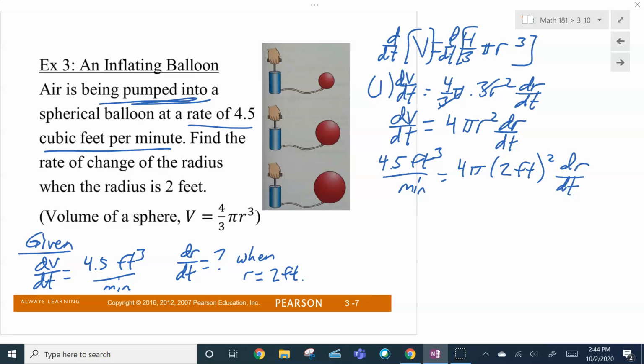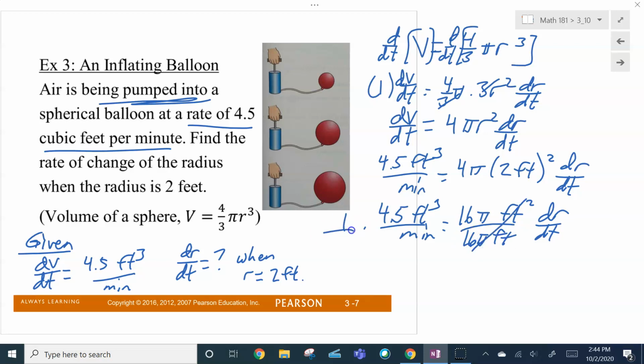Okay, so we have 4.5 cubic feet per minute equals 16 pi square feet times dr/dt. Divide both sides by 16 pi square feet, and dr/dt is 0.0895.